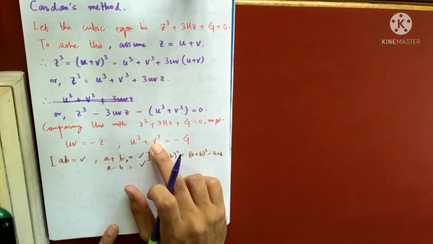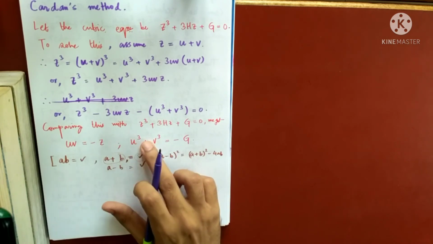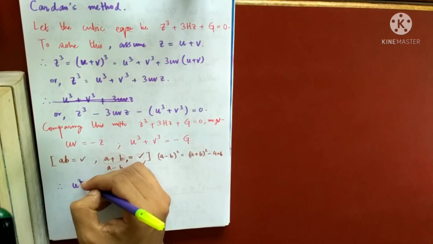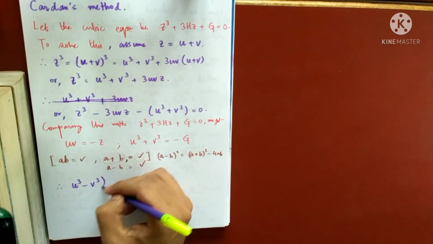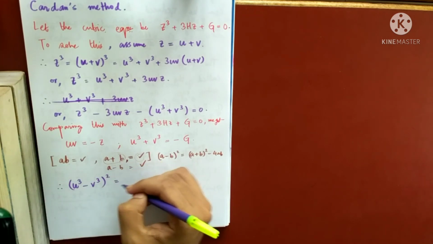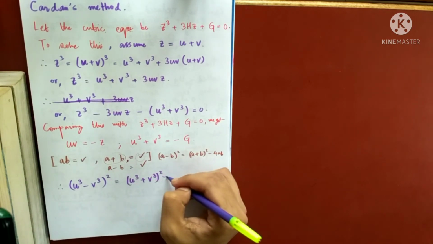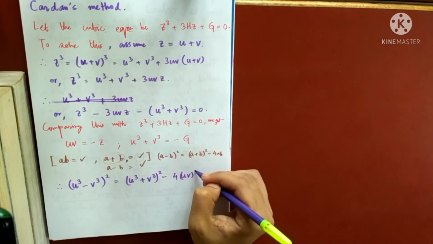u cube plus v cube is known. My target is to find u cube minus v cube, just like a plus b is known, I will find a minus b. So u cube minus v cube whole square will be equal to u cube plus v cube whole square minus 4 u cube v cube. That means uv whole cube.